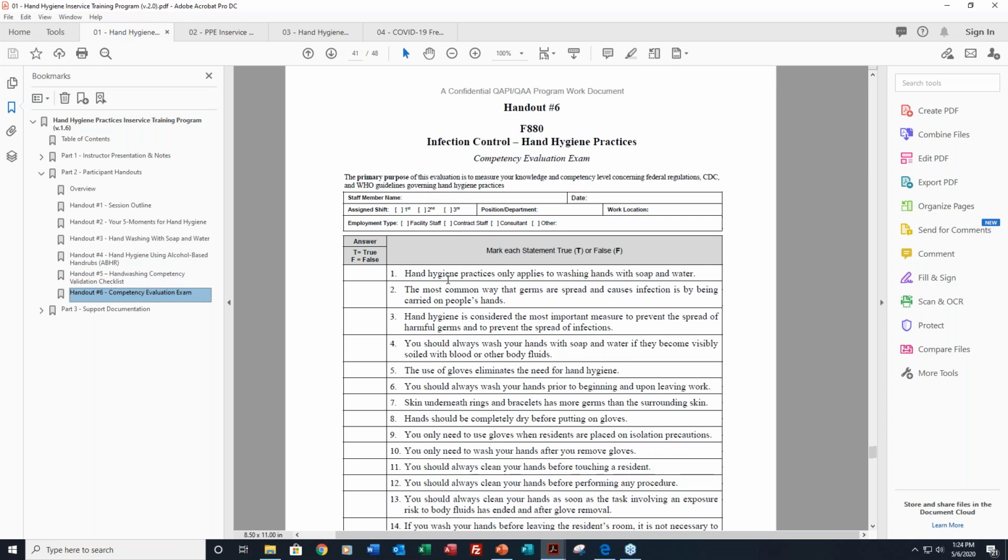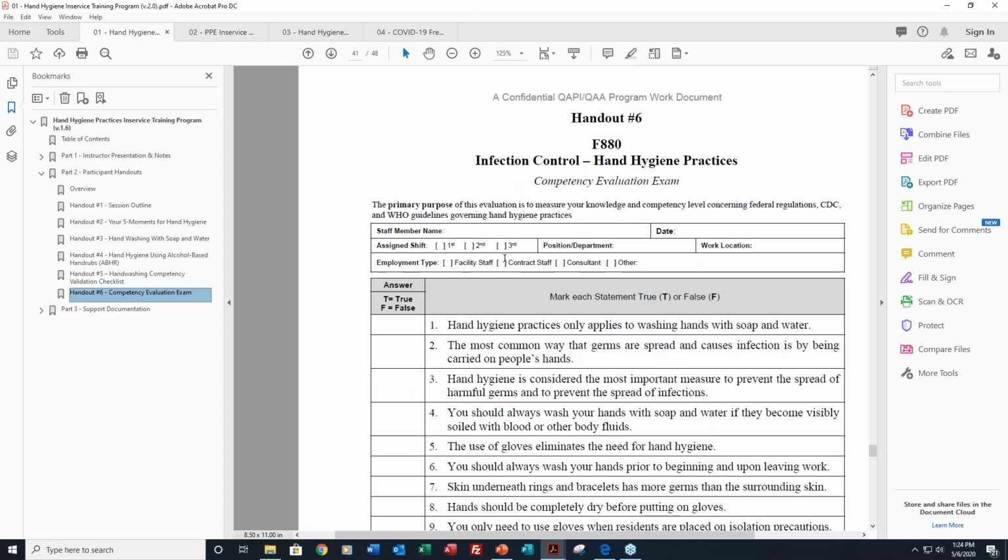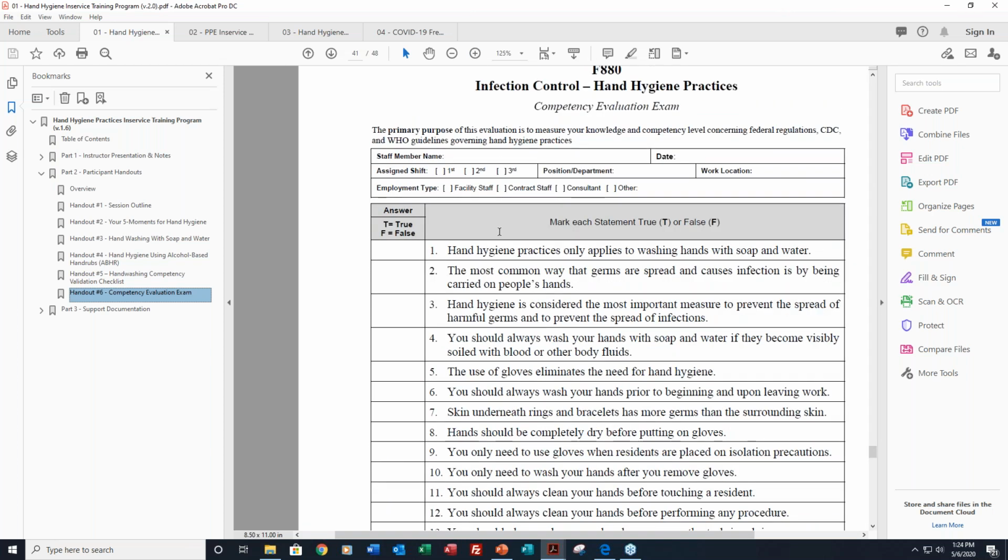It's designed so that if I want to look at, let me bring that up just a little bit. When you look at the document, you'll notice it shows what shift they are on, what position or department, where's the work location, and what employment type: facility staff, contract, consultant, even a volunteer.